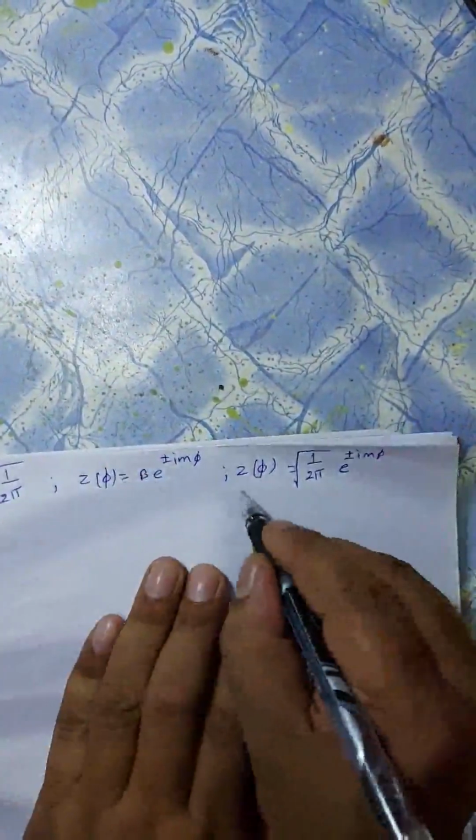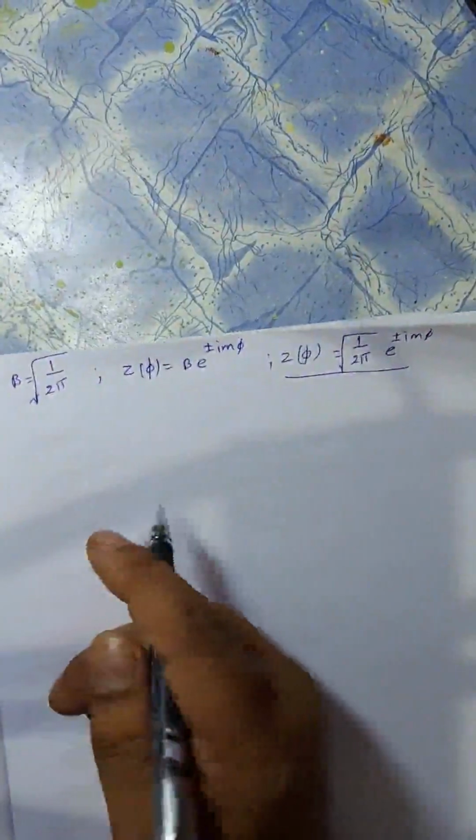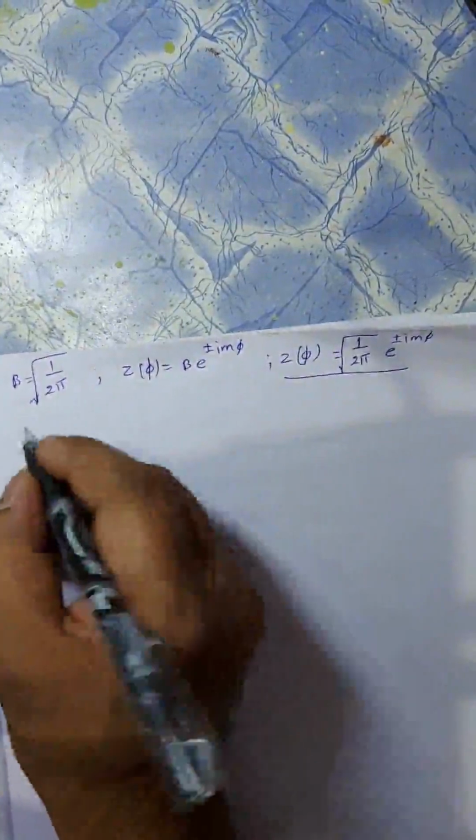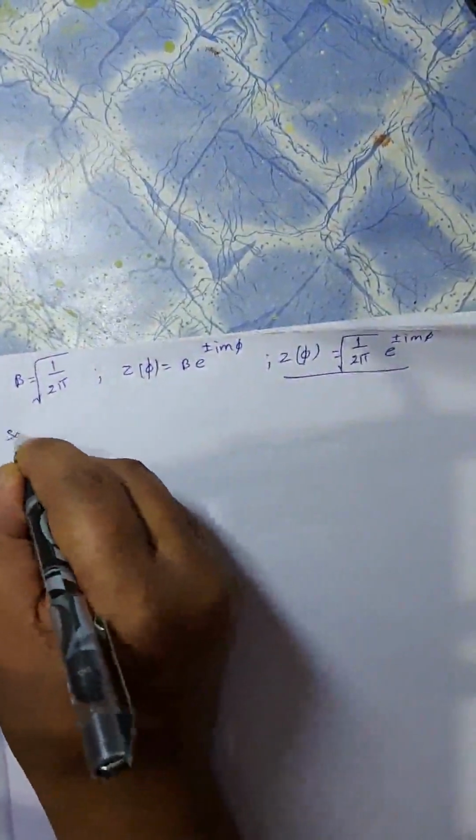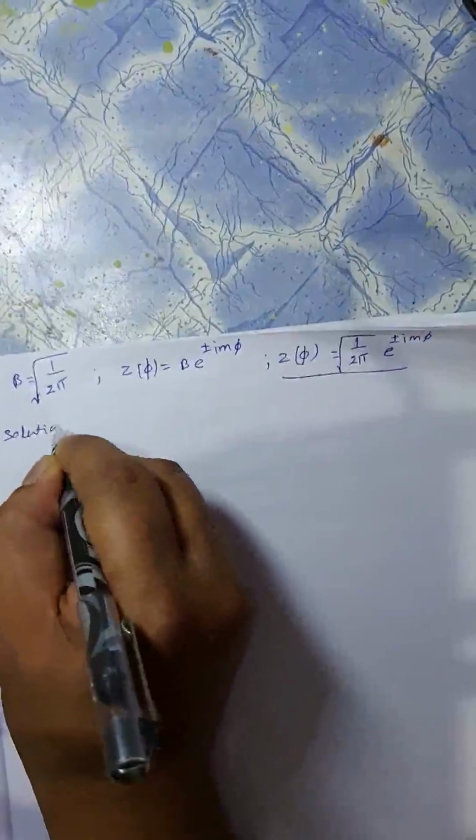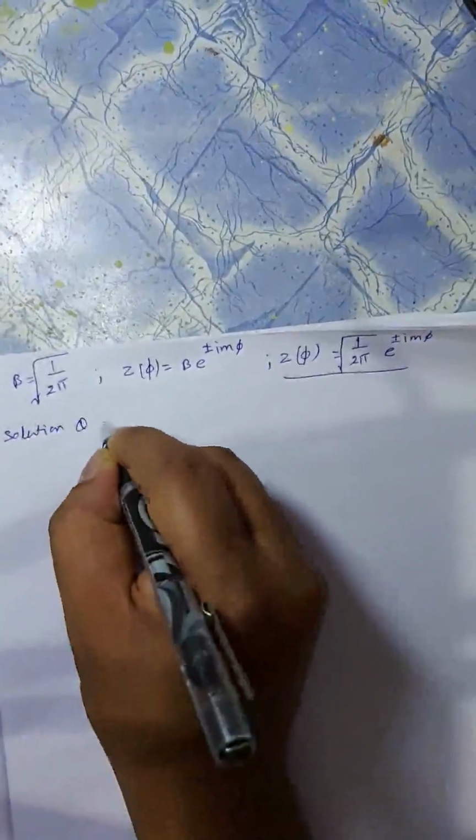This is called the solution of the phi equation. Similarly we also find the solution of the theta equation. We have also already derived this one, the theta equation.